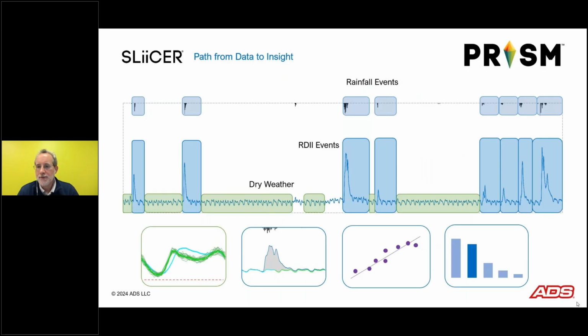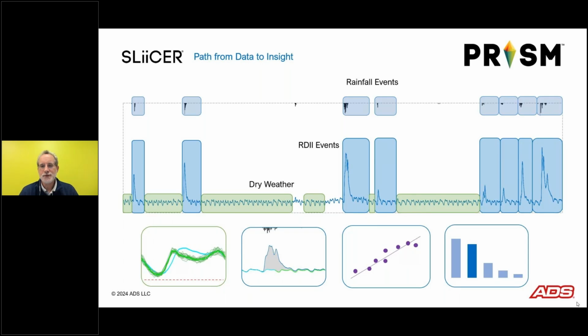Now, I have shared this graphic in each of the previous two webinars, and for those joining us for the first time today, I want to show this graphic again to make sure we're all on the same page. This graphic shows you pretty much in a nutshell what SLiiCER does and how it goes about it.